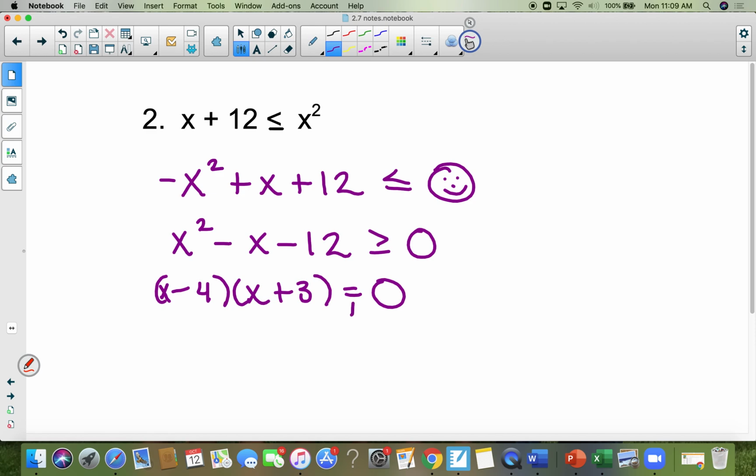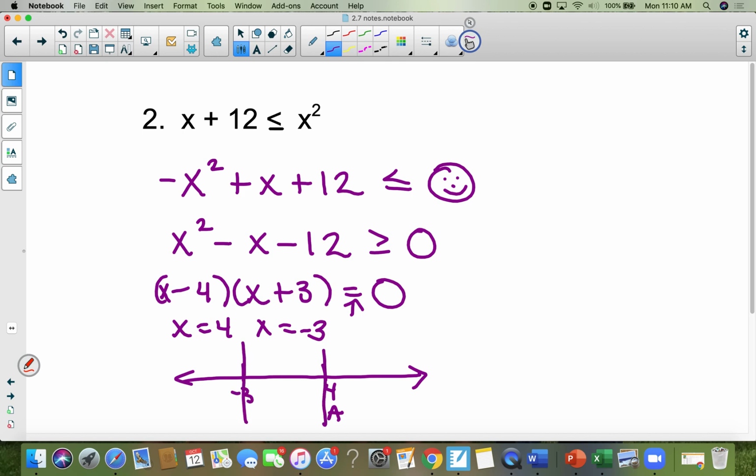And I'm going to pretend it's an equal, so now x equals 4 and x equals a -3. So I solved it, pretending that it was an equal sign. Again, if it was an equal sign, the 4 would have been an answer and the -3 would have been an answer. And again, you have zone 1, zone 2, and zone 3.